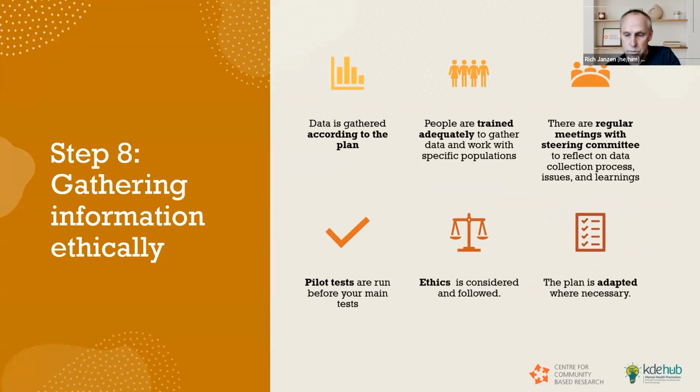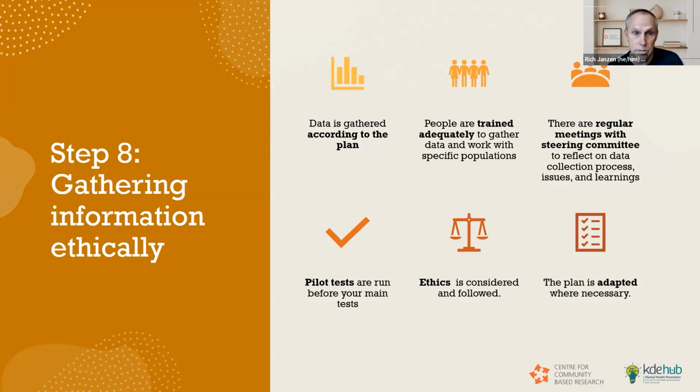So here's an overview of step number 8. In some ways, this is the most intense step of the whole evaluation process, where you need to get out and do a lot of data gathering and fulfilling the plan that you've already designed in phase 2. This is the step where you start to implement much of that plan.